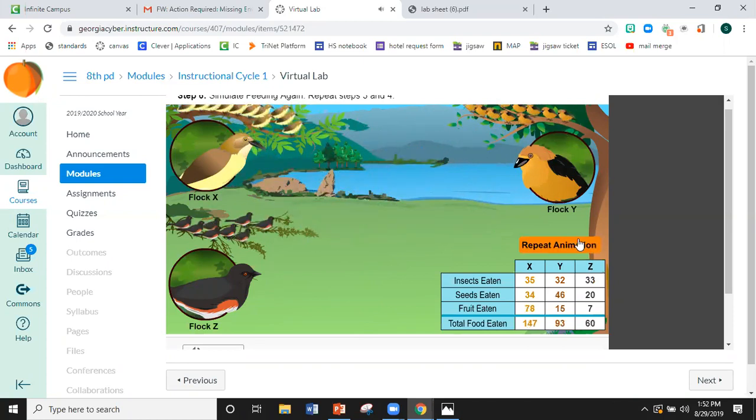Now that the feeding period has ended, record each food type eaten by each flock in your data table. Then click Next to analyze the data.